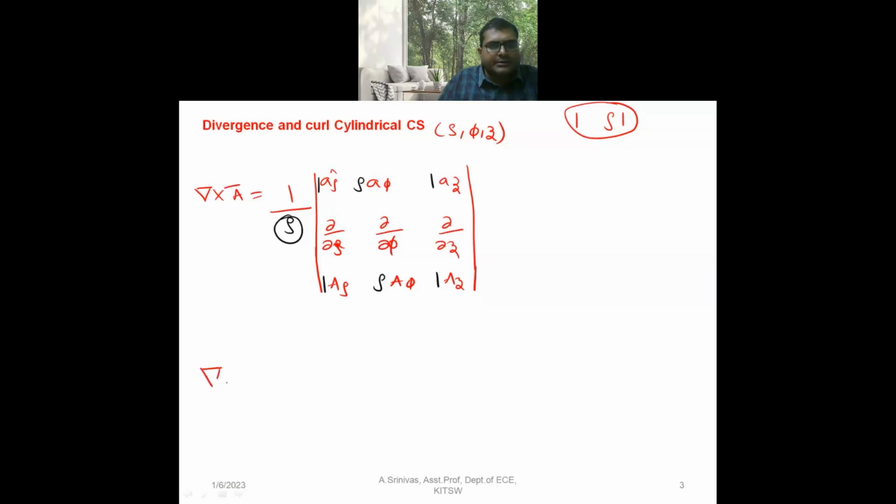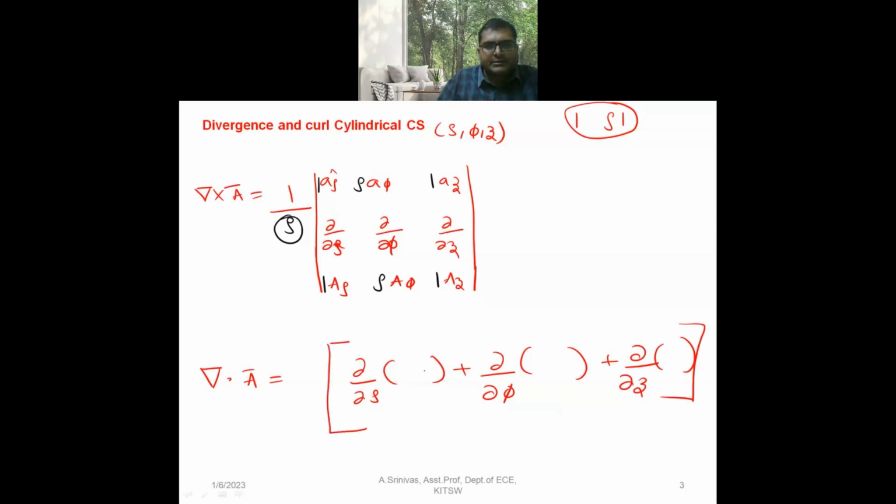Del dot A is equal to dou by dou rho of, plus dou by dou phi of, plus dou by dou z of, close the brackets, A rho, A phi, A z.